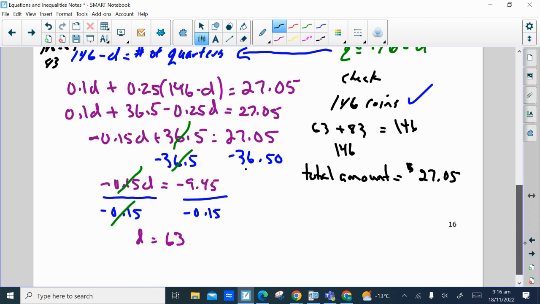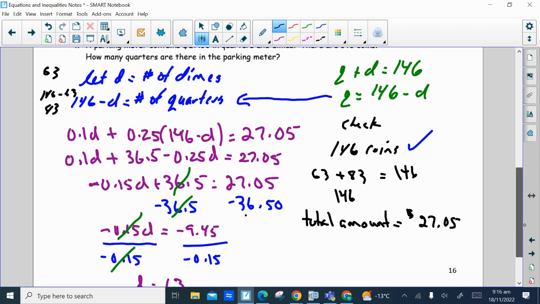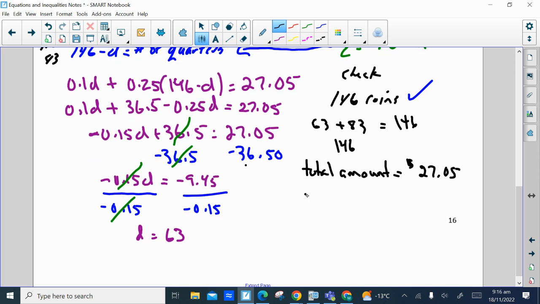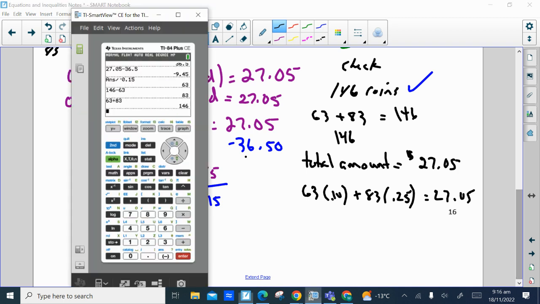So that's the second thing we need to check. So we found 63 dimes plus 83 quarters. Each dime is worth 10 cents, 0.10. Each quarter is worth 25 cents, 0.25. So together those should equal 27.05.